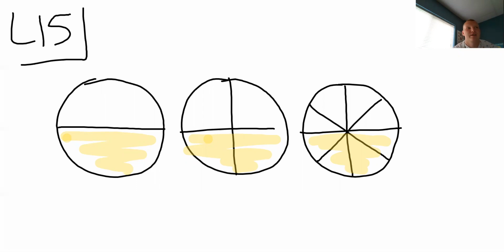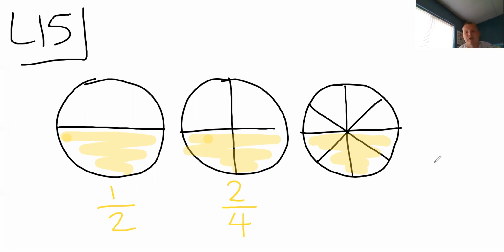So, first off, what is this first one? How much of it is shaded, Bethy? Half. 1/2 of it is shaded. The second one right here, Abby, how much of this one is shaded? Half of it, yep, that would be the reduced form. So there's 2/4. So 2/4 of it is shaded.